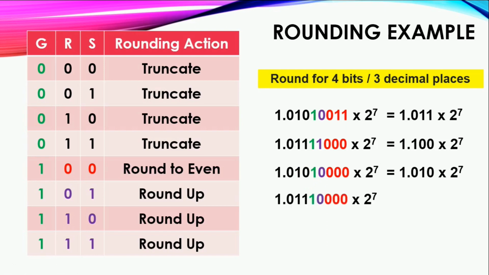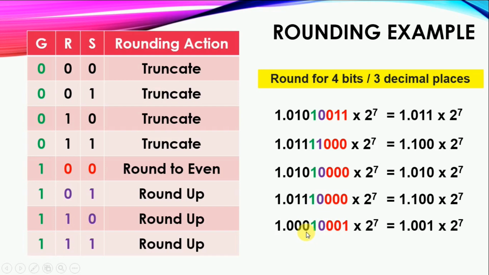In this example, the same case, the guard bit is 1 and the sticky and round bit combination is 0. Here the LSB of the bits to be retained is odd. So I have to round it to even by adding a logic 1 at the LSB. In this case, the guard bit is 1 and the round and sticky bit combination is non-zero, so you add logic 1 at the LSB.